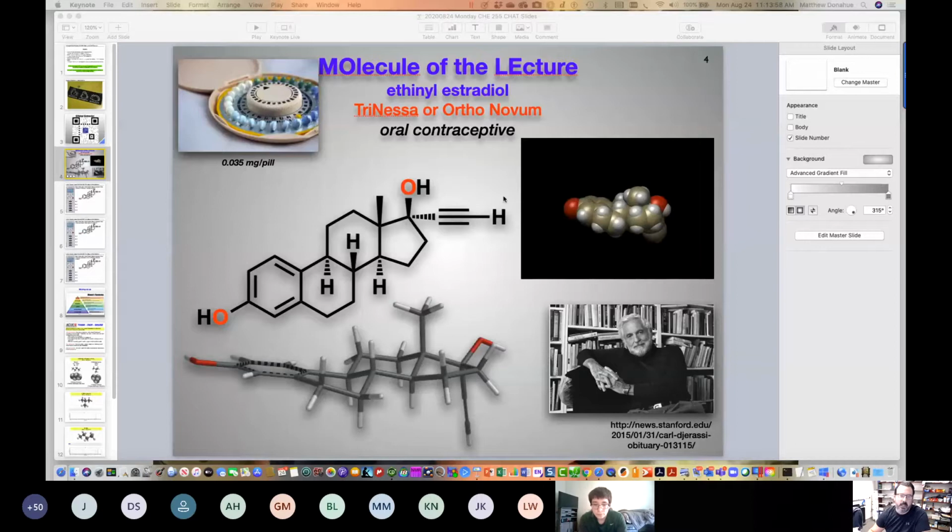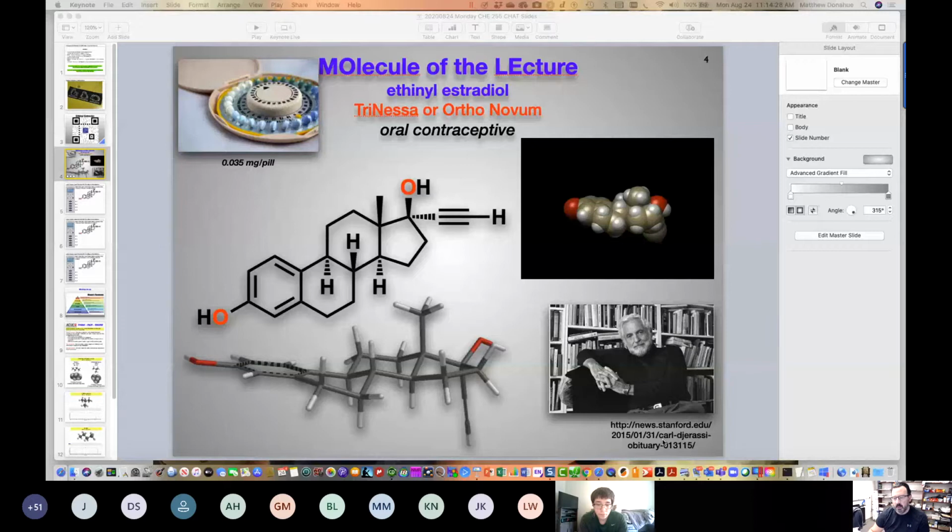This molecule mimics a biological hormone and tricks the human female body into thinking that it's already pregnant. And so on the monthly cycle, it will go through its process. This molecule wasn't synthesized in a lab until the late 40s, early 50s.